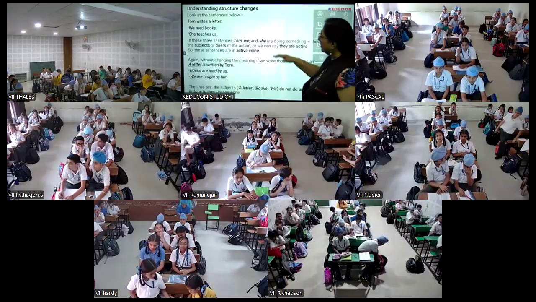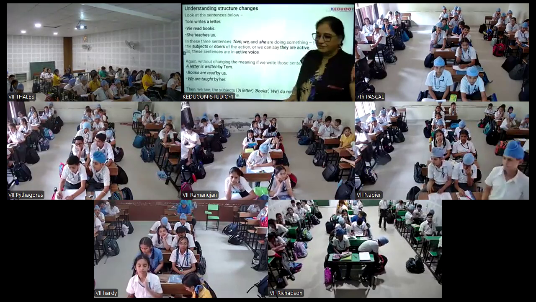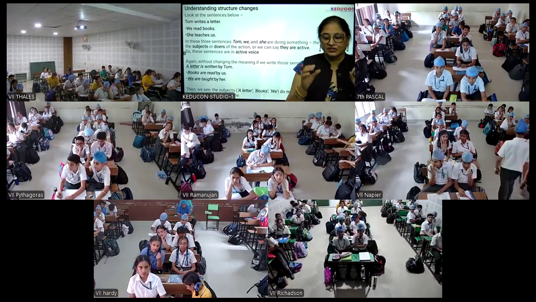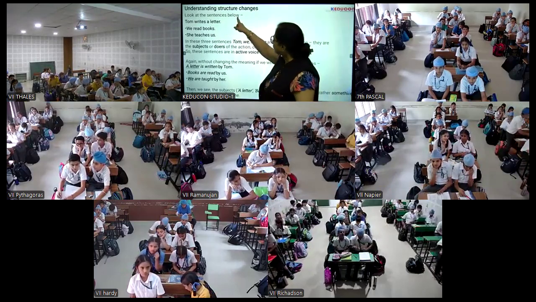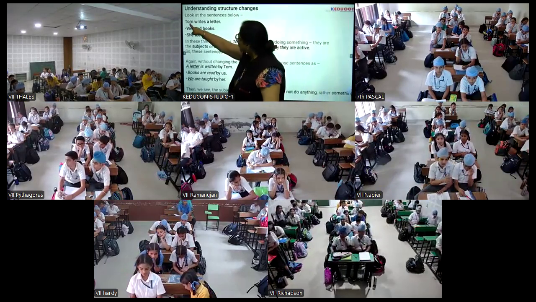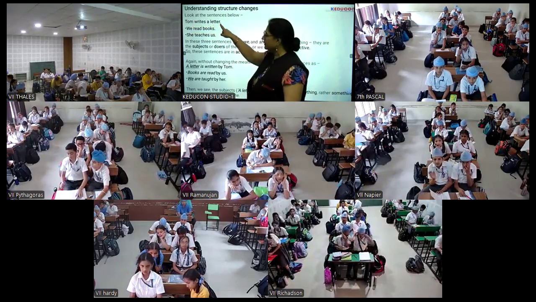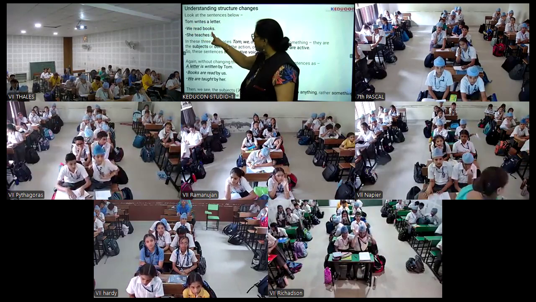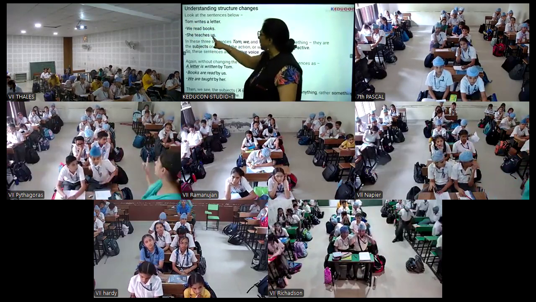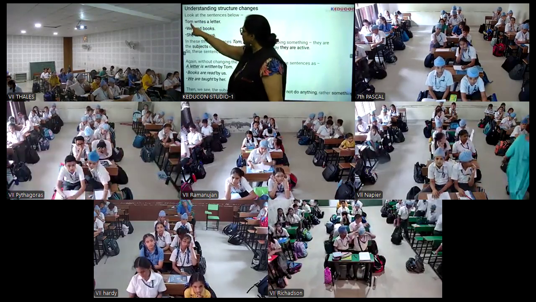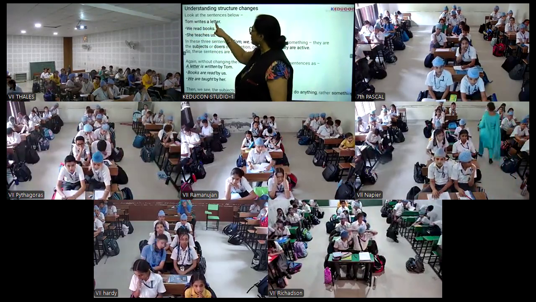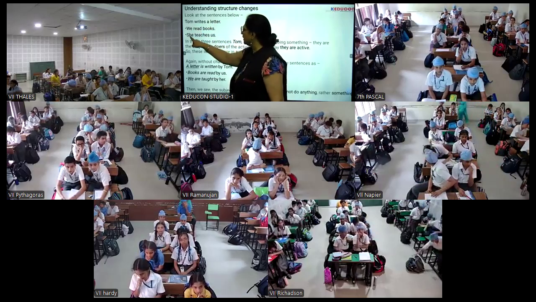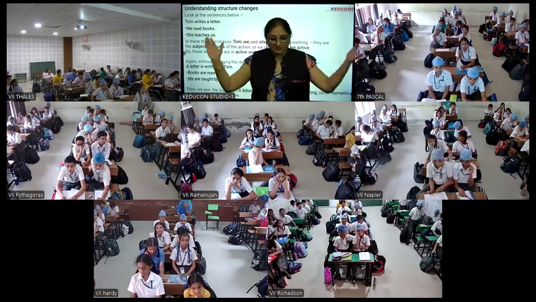Okay, now understanding the structure. That means how the structure of the sentence formation changes. Here, look at the sentences below. First is Tom writes a letter. We read books. She teaches us. Subject, verb, object. Subject, verb, object. Subject, verb, object. Okay?